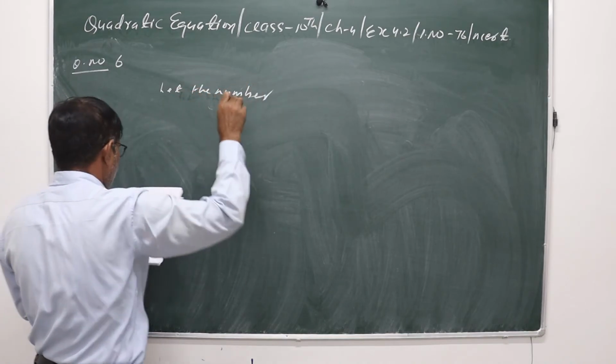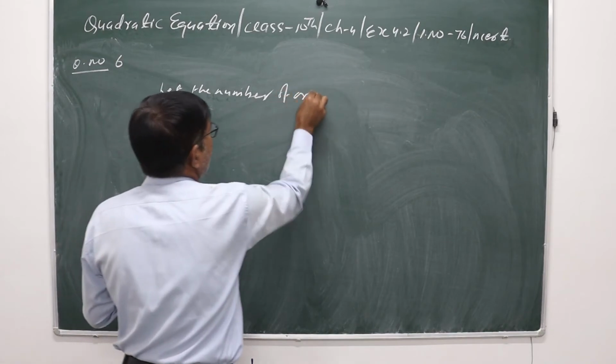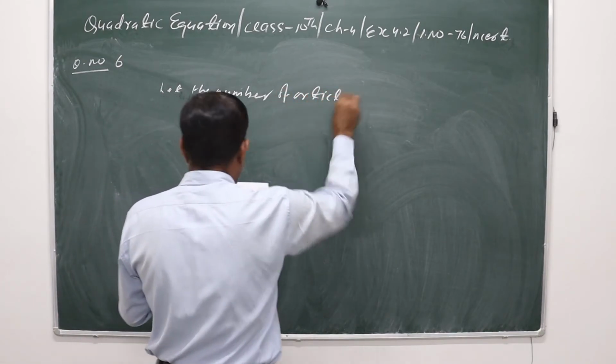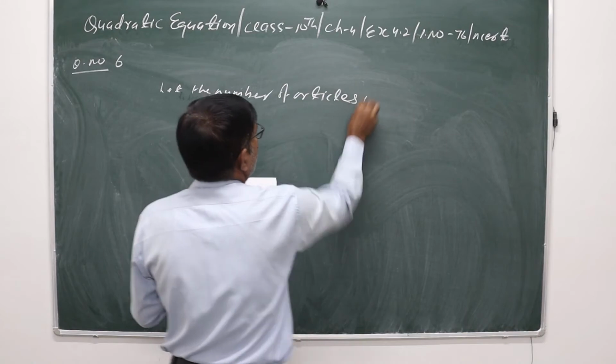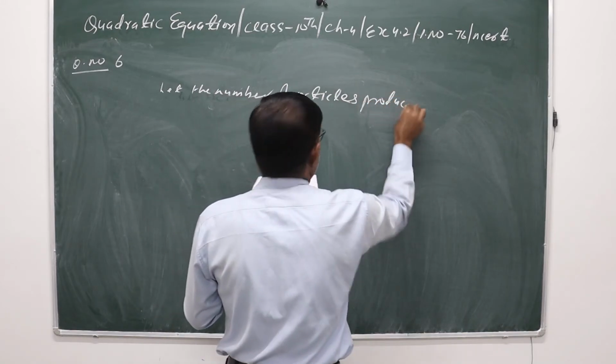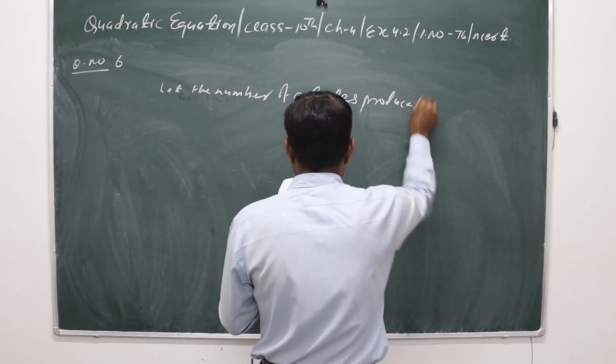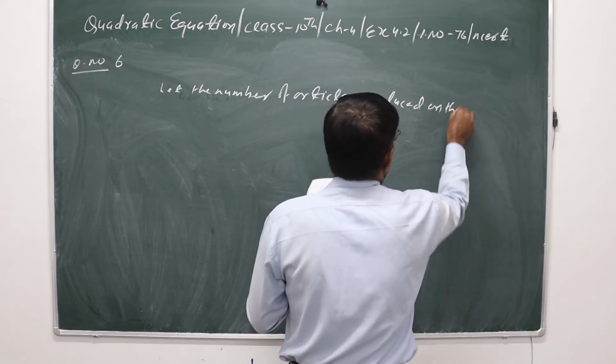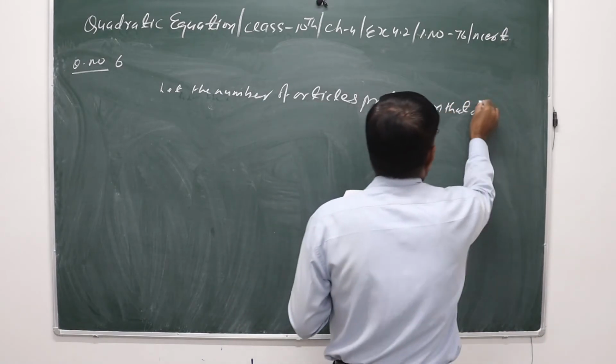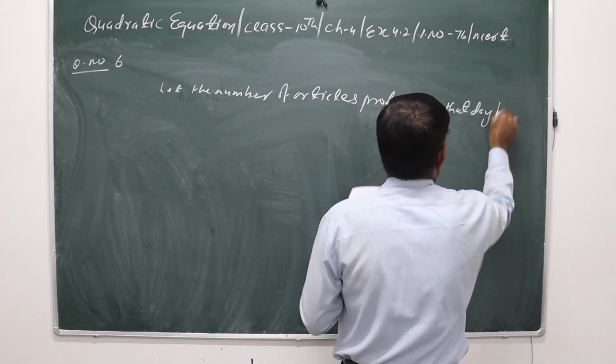So let the number of articles produced on that day be x.